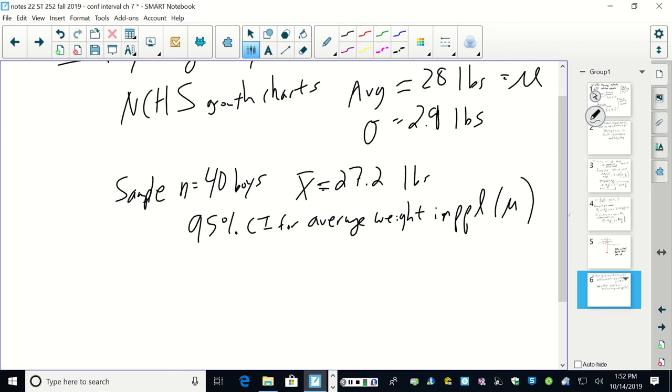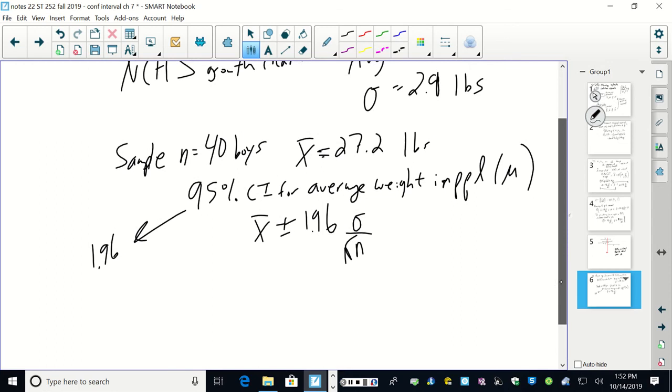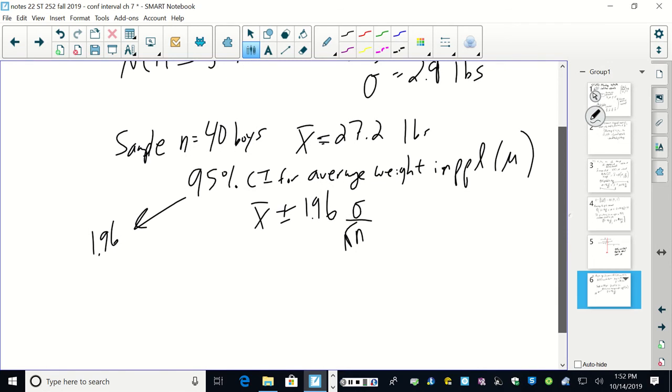Our formula says, take the average plus or minus a certain number of standard errors. So we want to calculate x bar plus or minus 1.96, since 95% tells us 1.96, times sigma over the square root of n.